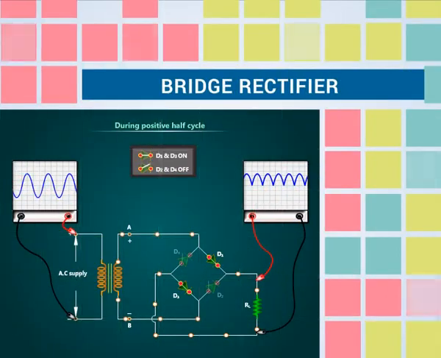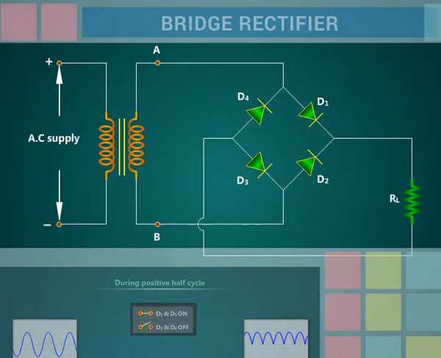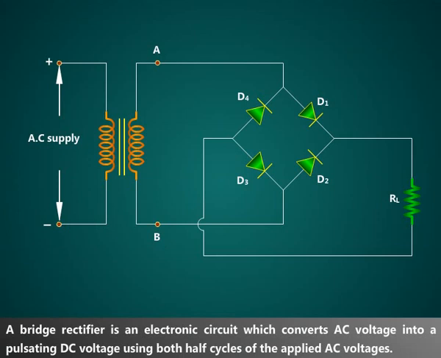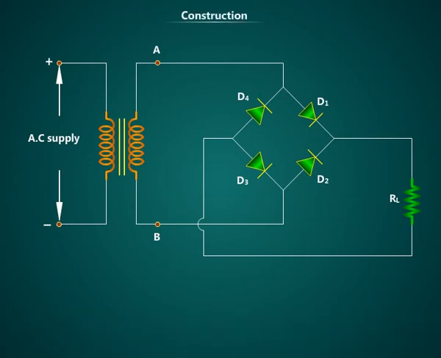Bridge rectifier. In this video, we are going to see about the construction and working of bridge rectifier. A bridge rectifier is an electronic circuit which converts AC voltage into a pulsating DC voltage using both half cycles of the applied AC voltages. Construction.